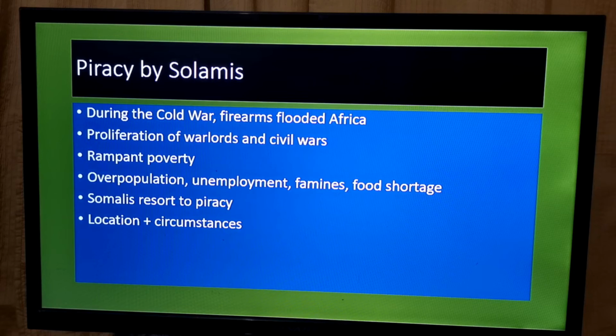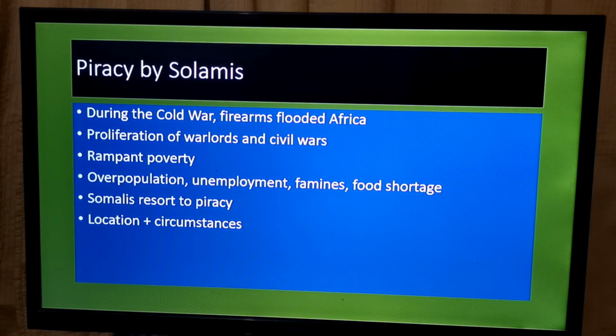Now, the Somalis would ride their small ships and bring them close to the big ships. Then they would climb the ships, okay, using ropes and ladders made of ropes, and they would seize the ship. They would seize control of the ship. They have guns.